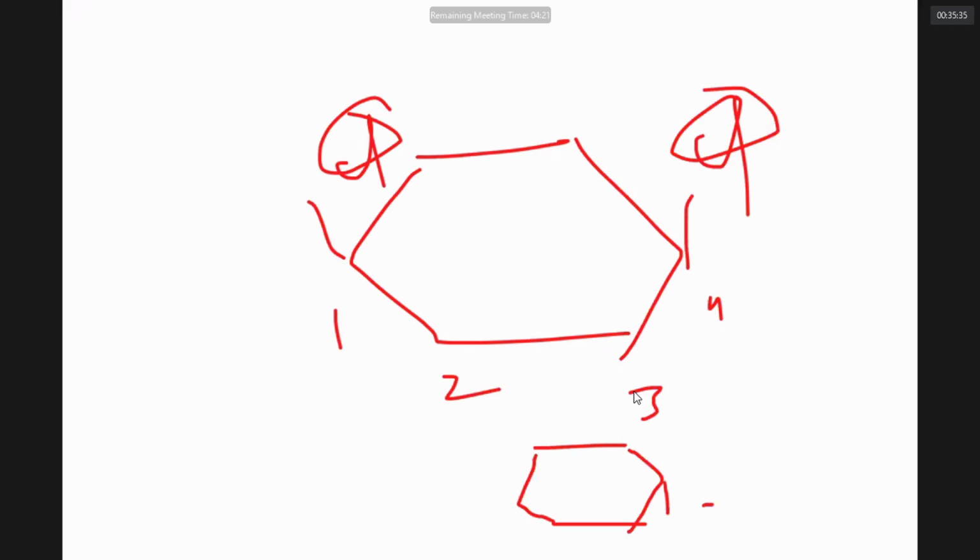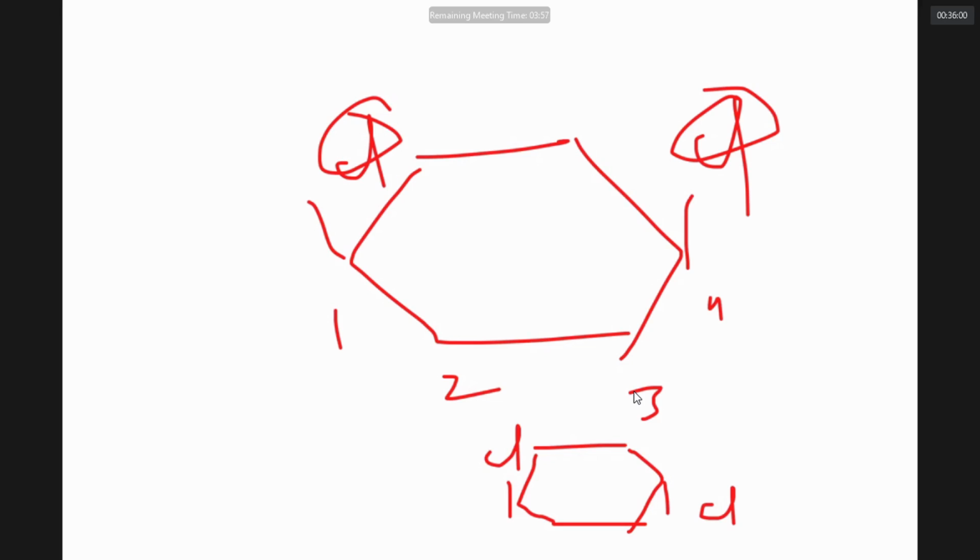If one is below the ring and one is above the ring, it is called trans. You can't convert one to the other. So geometrical isomers arise due to restricted rotation. The rotation of C-C can be restricted through a double bond or through a ring.